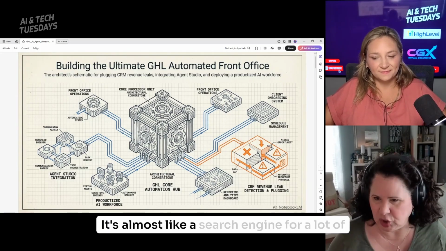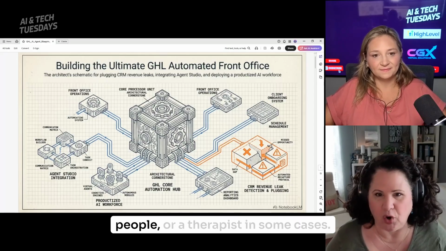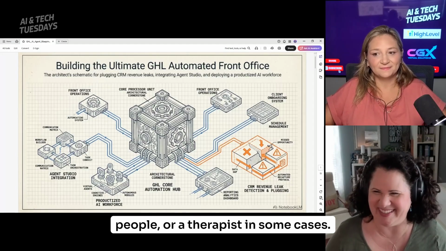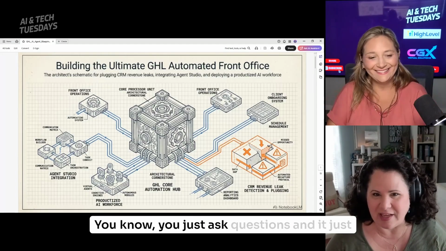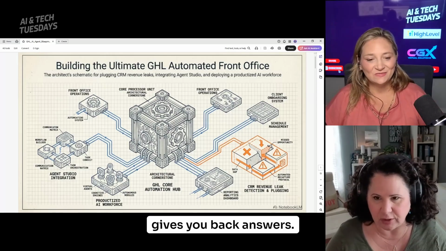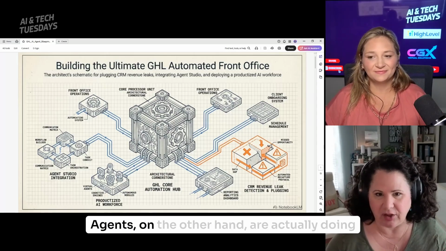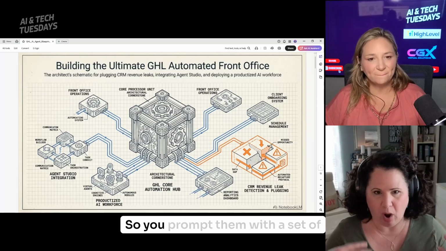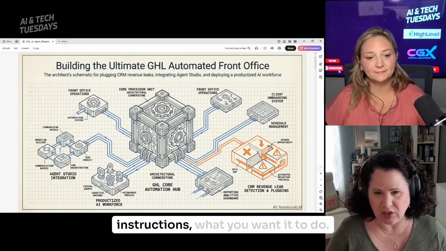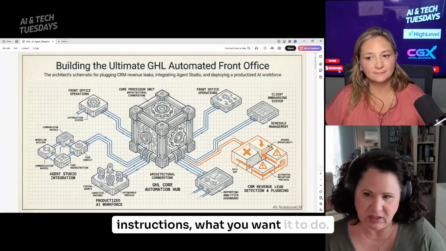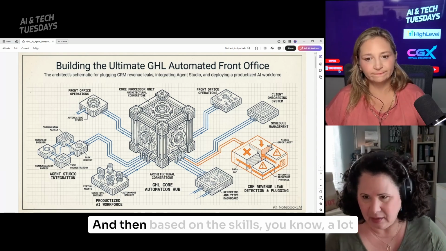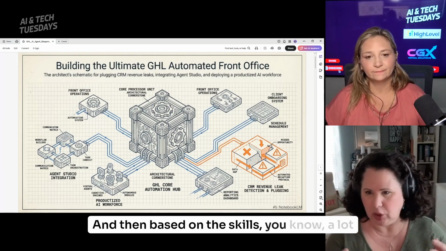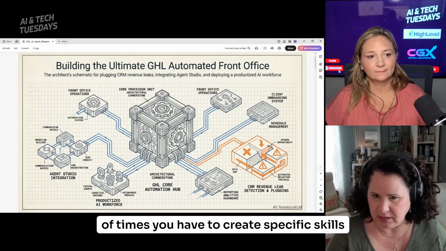It's almost like a search engine for a lot of people, or a therapist in some cases. You just ask questions and it gives you back answers. But agents, on the other hand, are actually doing specific jobs. So you prompt them with a set of instructions for what you want it to do. And then based on the skills, a lot of times you have to create specific skills for them.